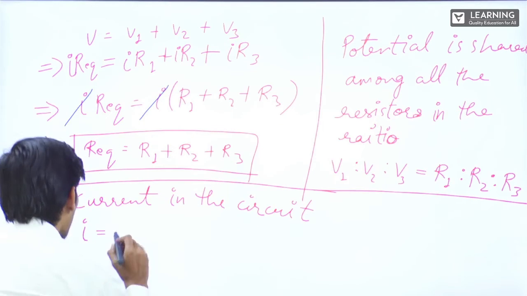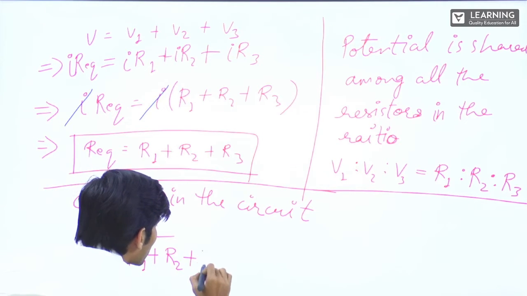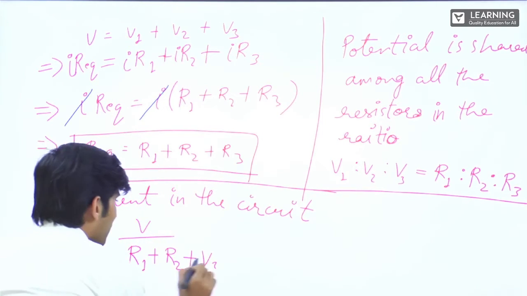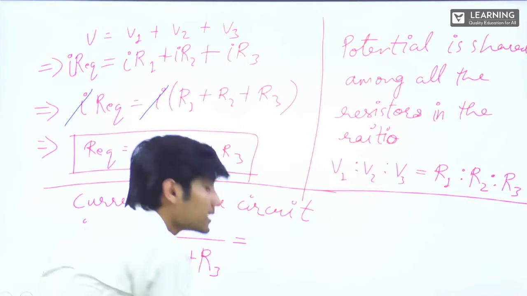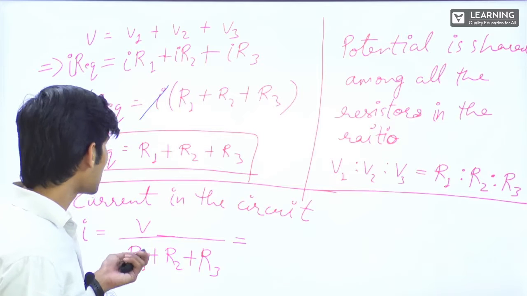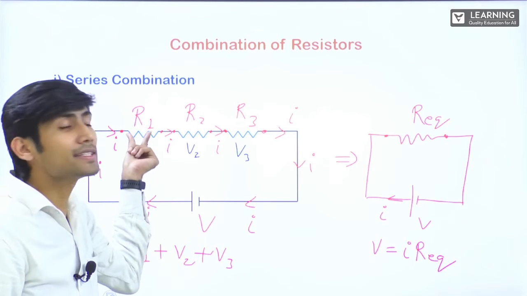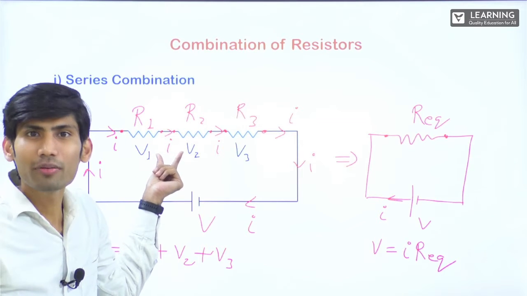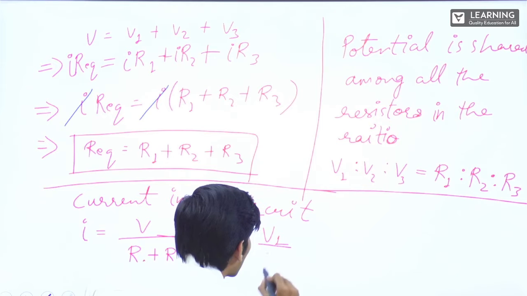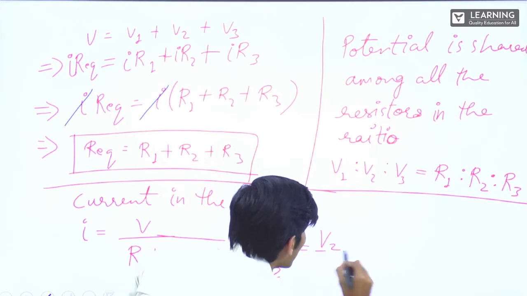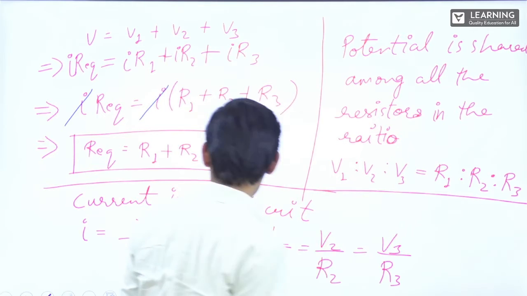So this will be V upon R1 plus R2 plus R3. And that is equal to, see here, if the potential difference is V1 and the resistance is R1, what will be the current? V1 by R1, right? That is I only. So this will be equal to V1 by R1, that is equal to V2 by R2, and that is equal to V3 by R3. Correct?